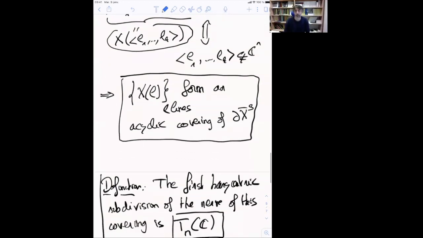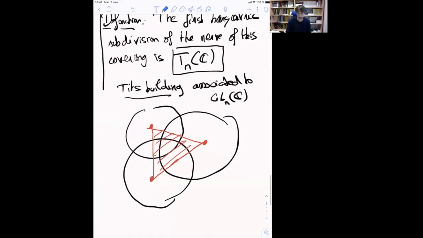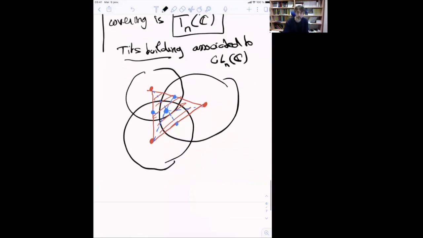Okay, and now for the first barycentric subdivision, you put a vertex in the middle of each edge, so it will correspond to an intersection of two XL. So here I see three vertices, and the triple intersection corresponds to another vertex. So in other words, what are the vertices of the Tits building?